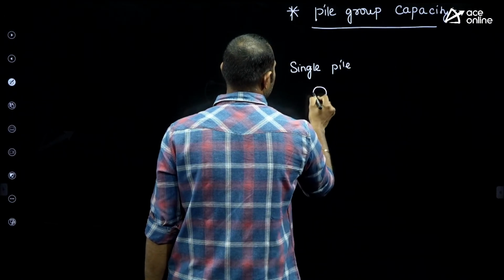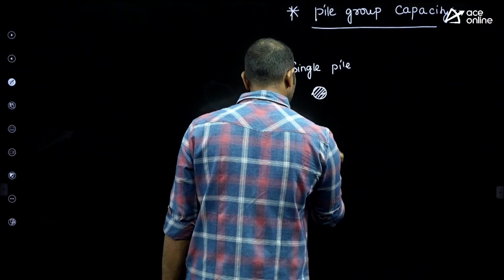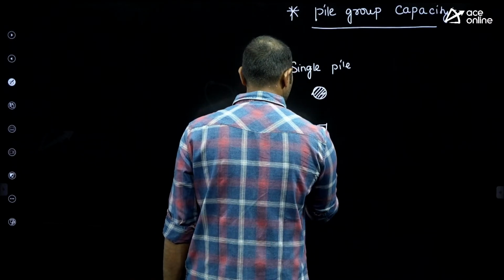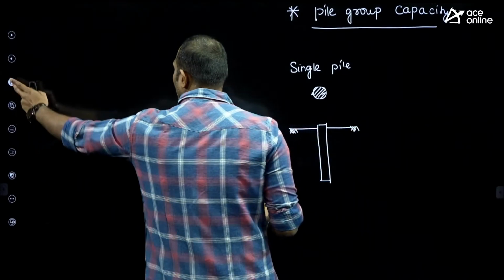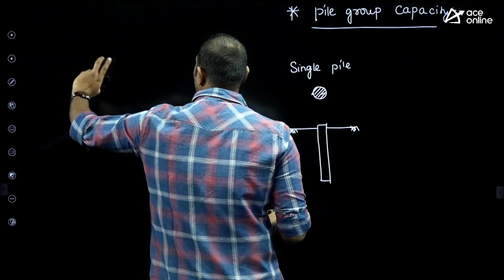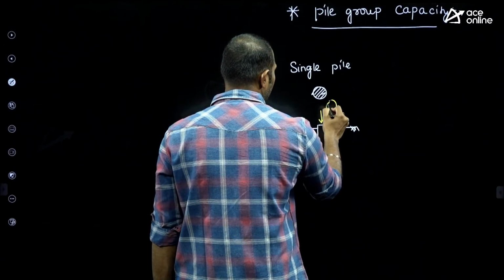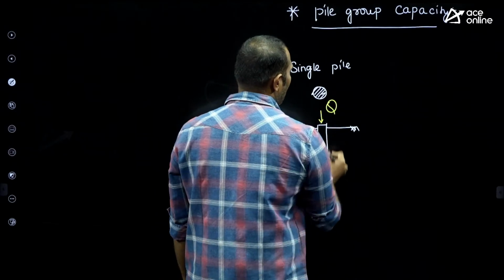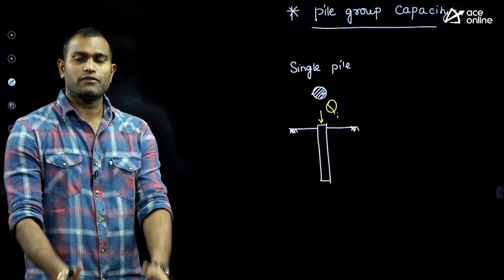In the plan view, this is a single pile, and this is the pile installed. In the case of the single pile, the maximum load that the pile can take, I can say Qi, which is nothing but the ultimate load carrying capacity of the individual pile.